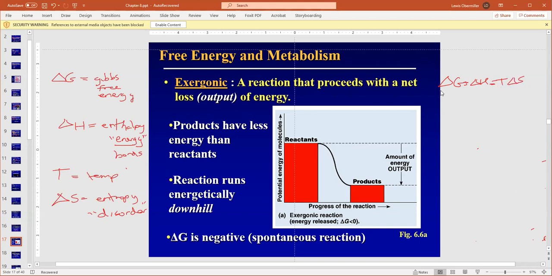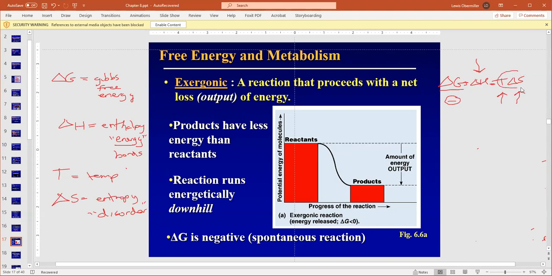In order to get a non-spontaneous reaction to become spontaneous, like burning gasoline, for example, this value has to be negative. We can make it negative by decreasing the energy in the bonds, increasing the temperature, which makes sense if you want to light some gasoline on fire, or increasing disorder.